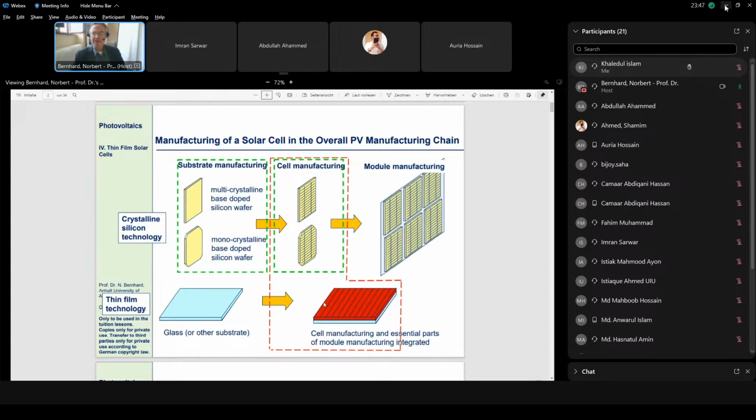As we will see later, they are inherently series connected with each other, and at the same time we make the module. That means the main difference between thin film technology and crystalline technology is that in thin film technology, basically we make the cell and the module together, integrated.